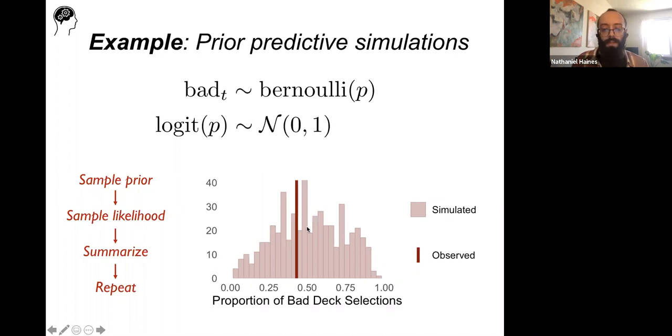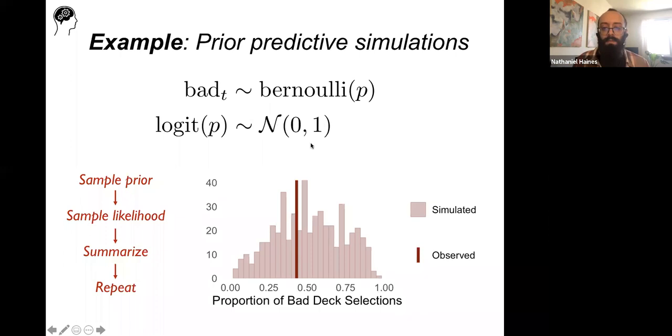So it's probably more reasonable to assume that we expect more of the observations to be closer to 0.5 than all bad decks or all good decks, because that would require our participants to learn really rapidly what the best responses in the task are, and that's a pretty unreasonable assumption, at least in this context.